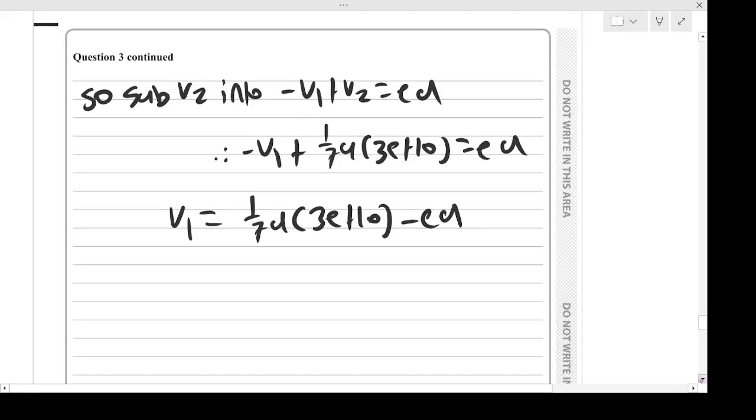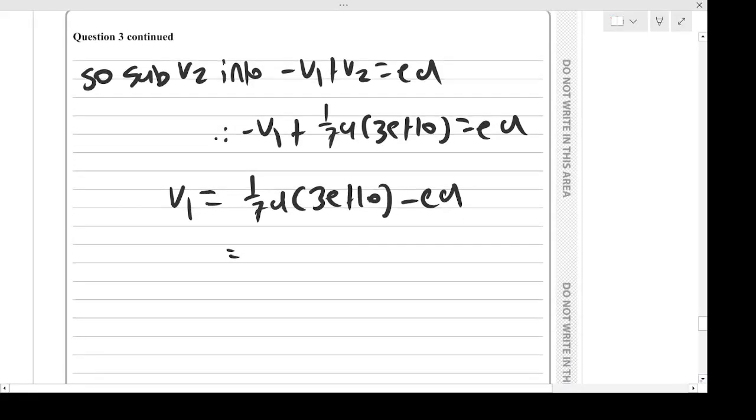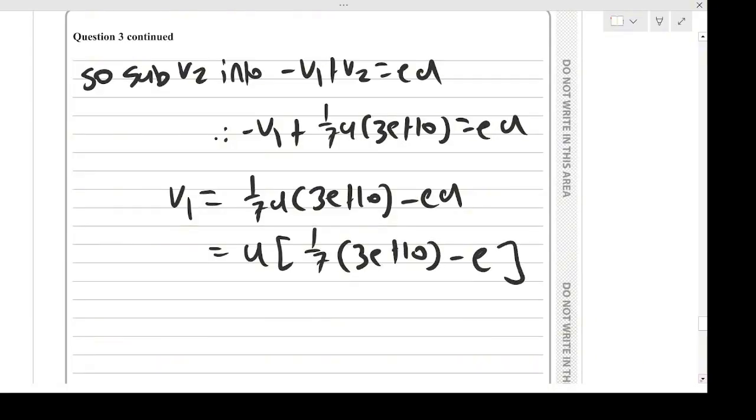Okay. Then if I expand now, well, actually, I can factor a u out of both the terms here. So it's going to be u lots of a 7th of 3e plus 10 take away e. So then if I simplify that part, I'm going to get 3 over 7 e plus 10 over 7 take away e.